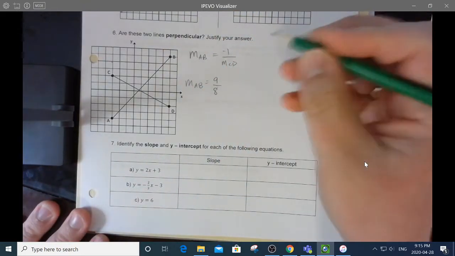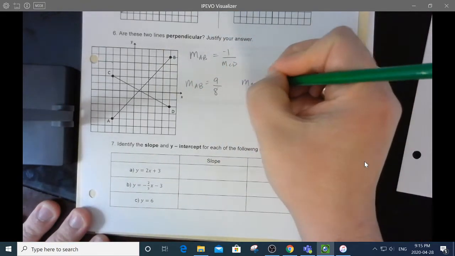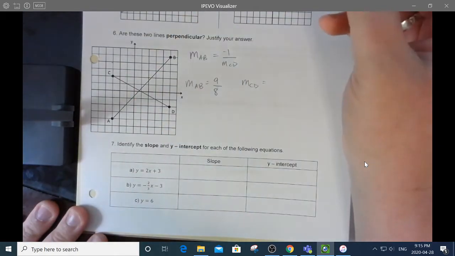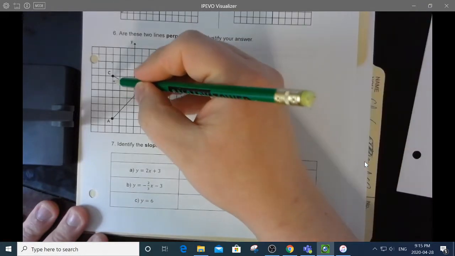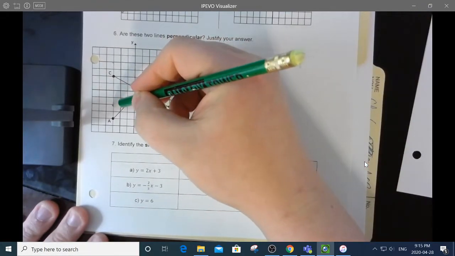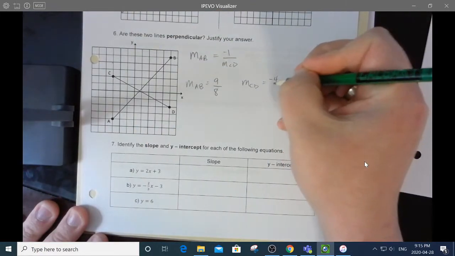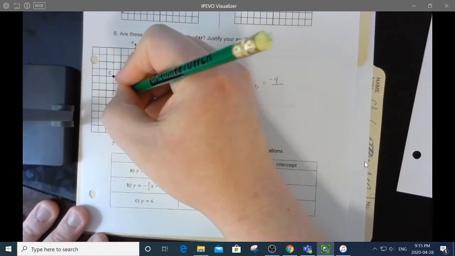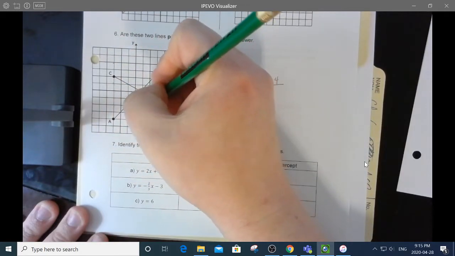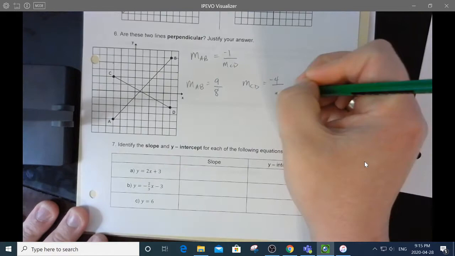Okay, so what's the slope of CD? Well, the slope of CD is, let's see, we rise negative 1, negative 2, negative 3, negative 4. And we run 1, 2, 3, 4, 5, 6, 7, 8.